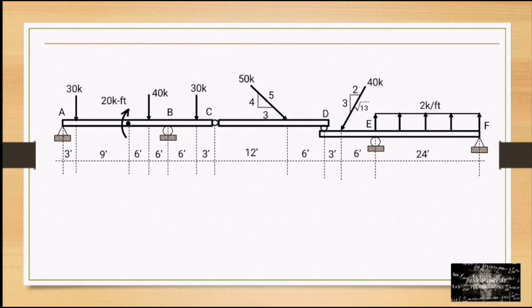Mayroon tayong segment ABC na may 5 unknowns. Mayroon tayong segment CD na may 3 unknowns. Then, segment DF na may 4 na unknown. So, ang una nating i-isolate yung segment CD na may 3 unknown lang, no?